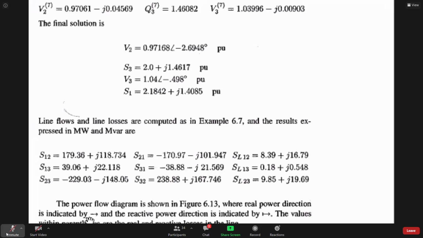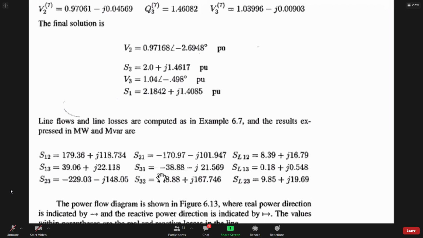You have to use an arrow for real power. On the lower side, for the imaginary, reactive part, you have to use an arrow with a bar sign.